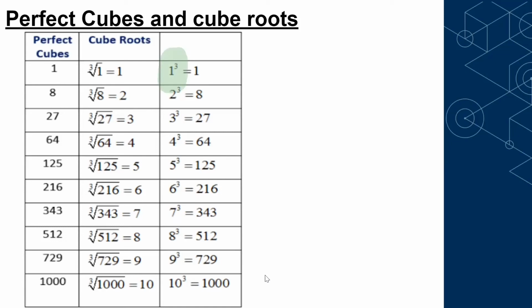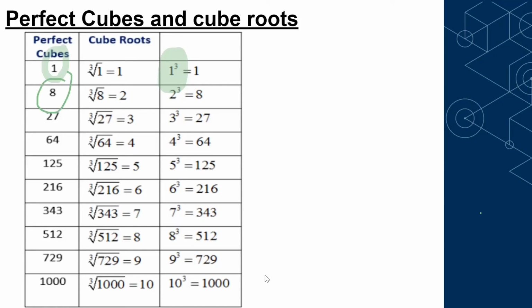For the most part, they will give you a variable raised to the third power, and then just a number. Seeing that number, you should ask yourself, is that number a perfect cube? The way you determine that is by cube rooting it. You cube root the number, and then you see if it's a perfect cube or not. So 1 is a perfect cube.